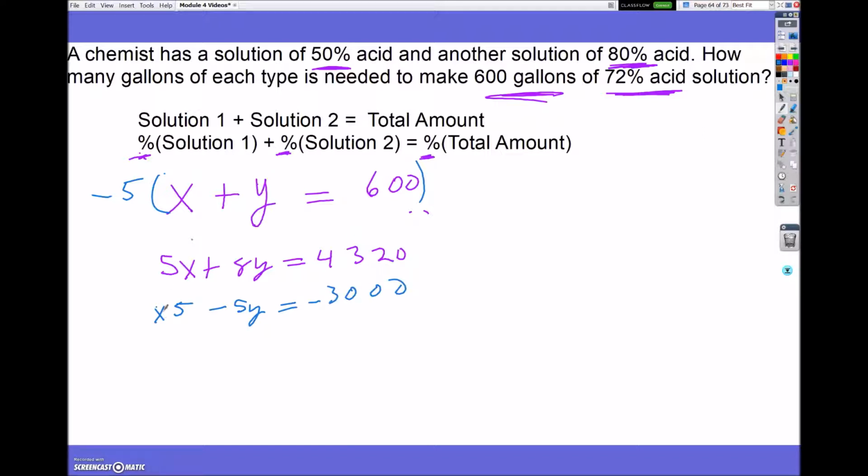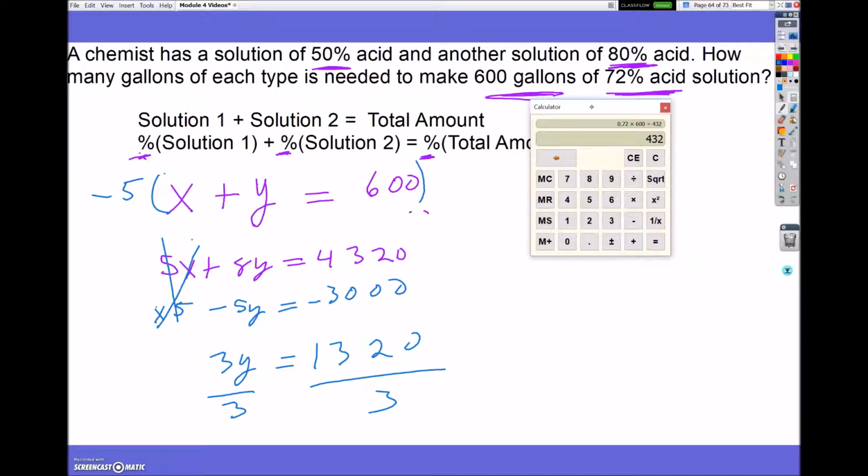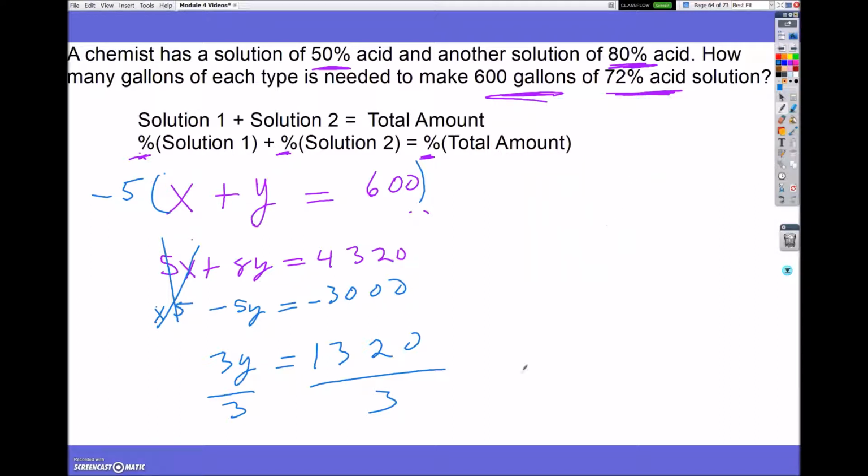My x's are going to cancel, and I'm going to be left with 3y is equal to 1,320. So when I divide both sides by 3, that is going to give me the total amount of gallons I need in 80%. So that's going to be 1,320 divided by 3 equals 440. So y equals 440.